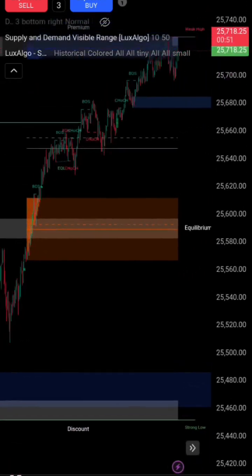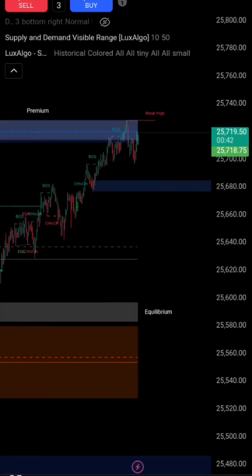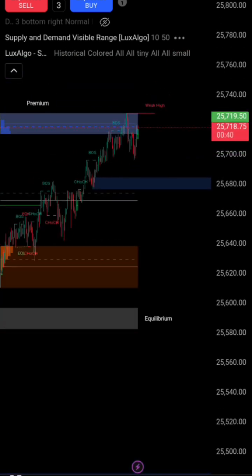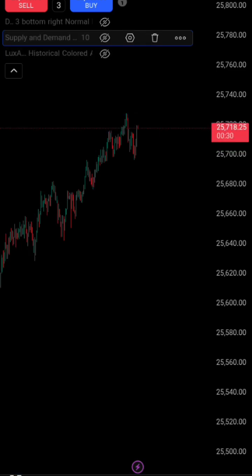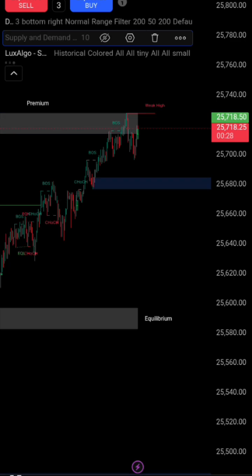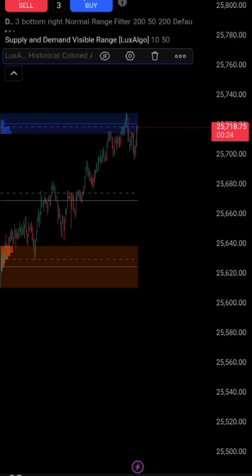And so I'm getting that along with it. So if you look at it, it's going to give me that confirmation. But unlike the Lux Algo one, it's going to update as price moves. And so that's why I like this indicator. So if you put these together, well, I guess we can look at the last one. So we're going to look at the last one too before we move on.